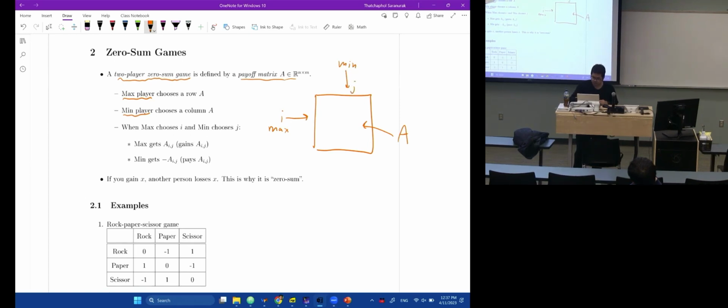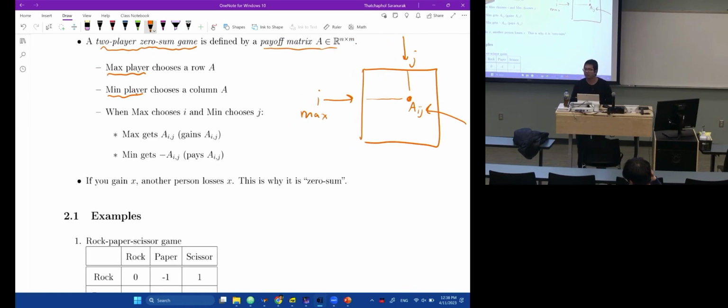And once the max player chooses I and the min player chooses J, just look at the entry Aij. Then what will happen is that max will gain Aij, and min will pay Aij. So the payoff of min is minus Aij.